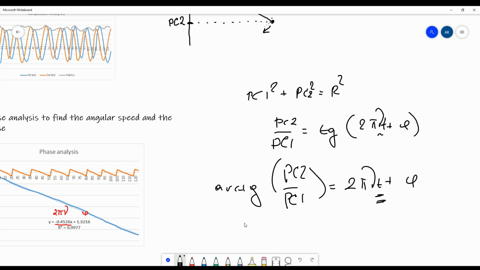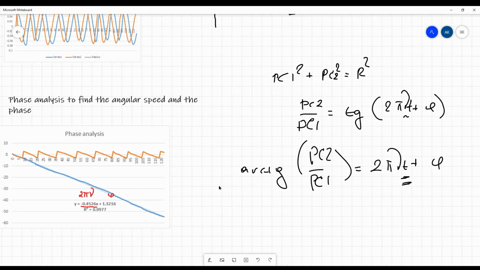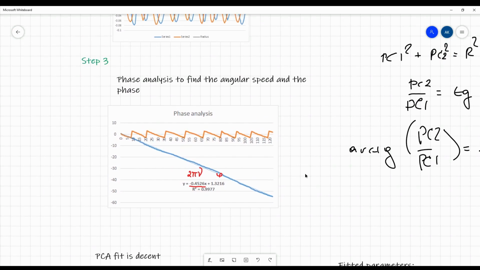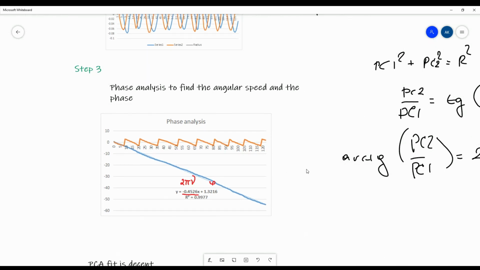We can regress the arctangent of the ratio of principal component 2 to principal component 1, and we will get this regression. And that's exactly what we got in this picture. And when we do that, we can find both the frequency and the phase.